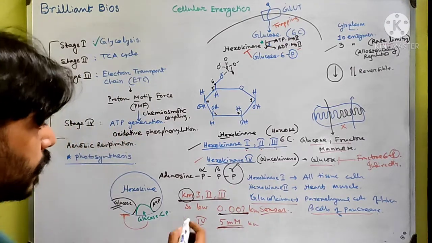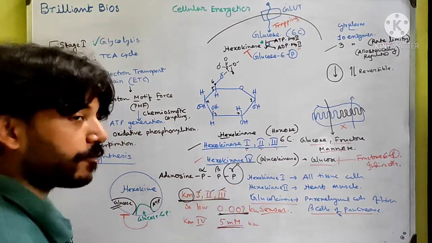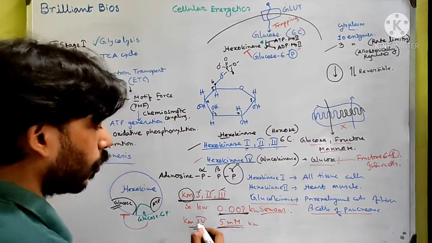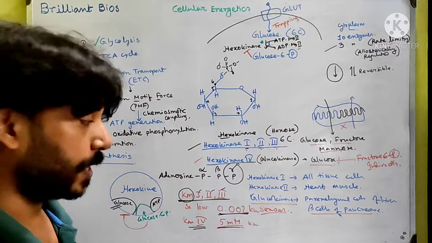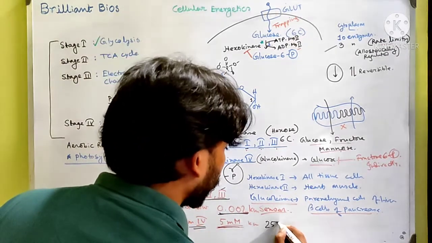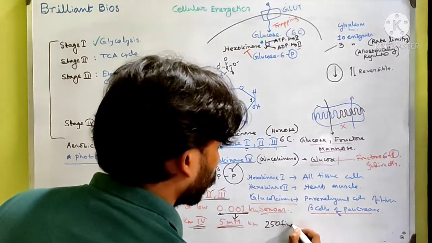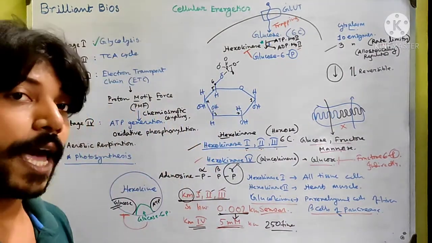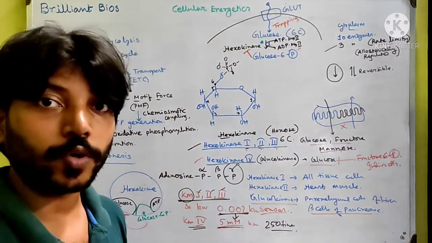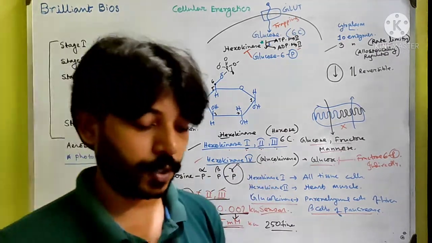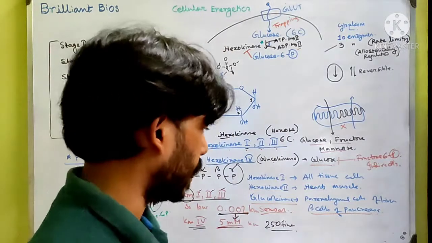That means hexokinase 1, 2, 3 have higher affinity towards the substrate, but hexokinase 4 or glucokinase has lower affinity. Approximately I am telling you 250 times, because you can see here the difference of 250 times in the Km value. So the affinity towards the glucose would be 250 times lower in case of glucokinase. Now you can ask me why then it acts as a sensor.